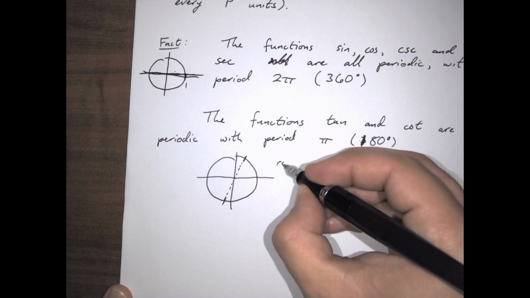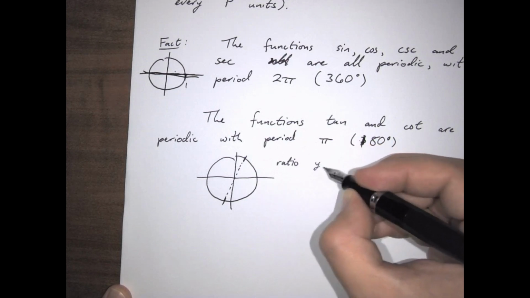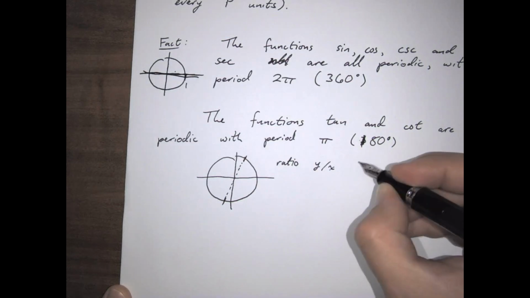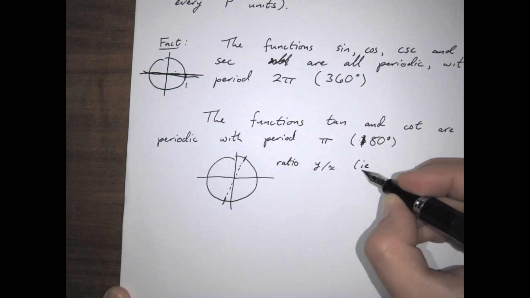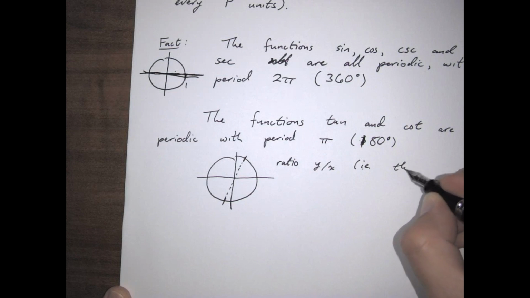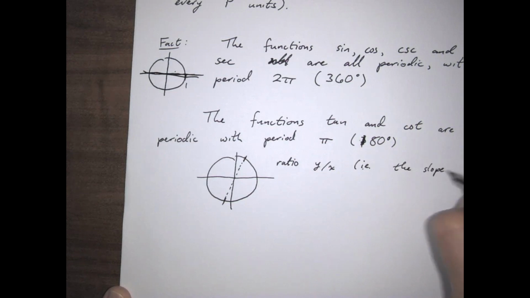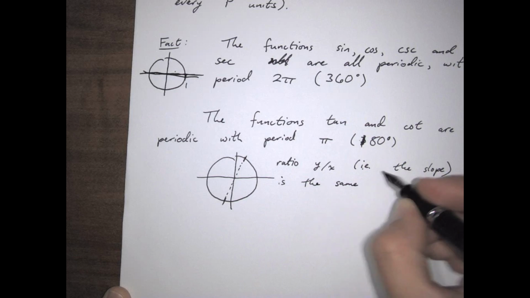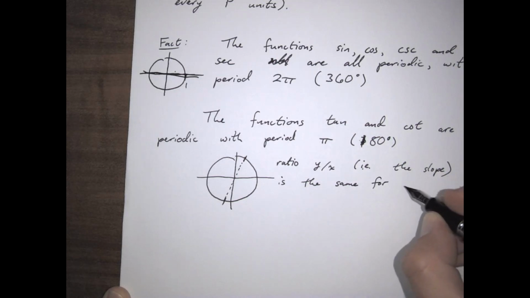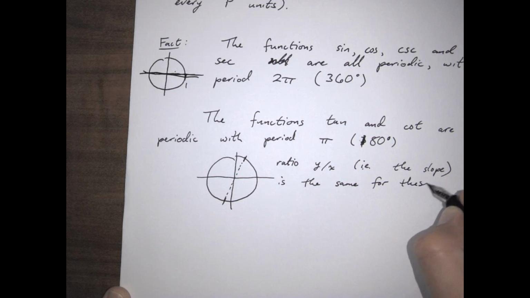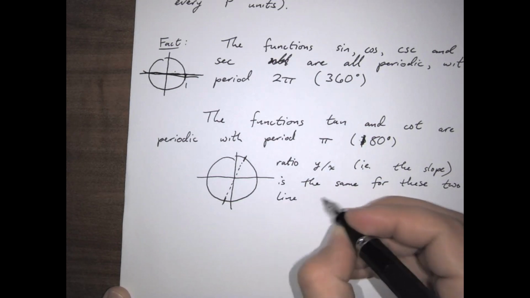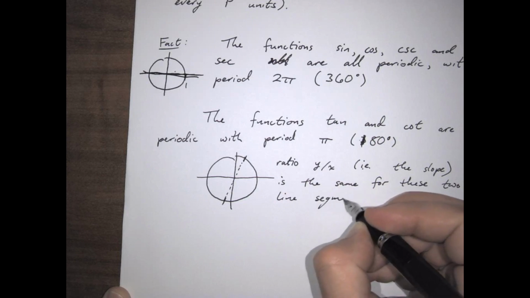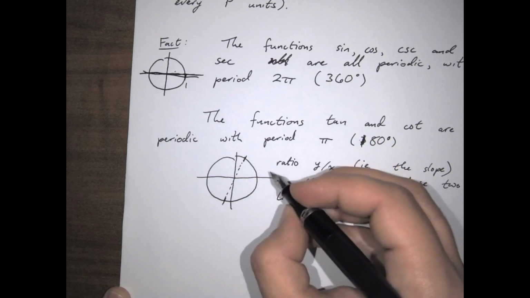So the ratio y over x, i.e. the slope, is the same for these two line segments.